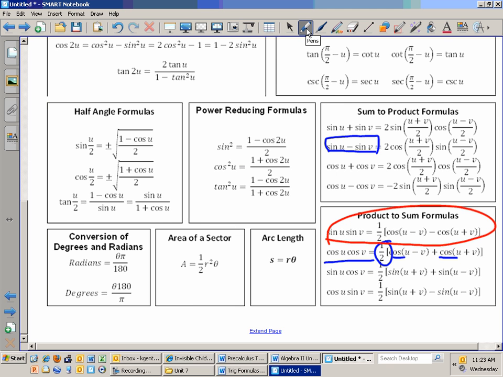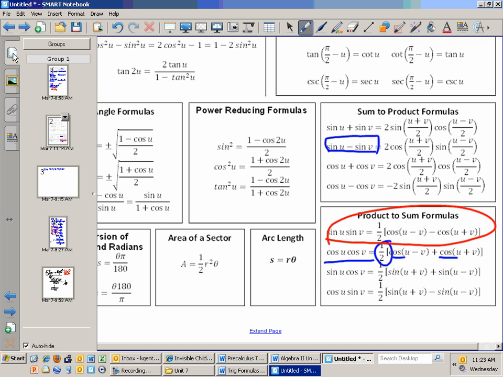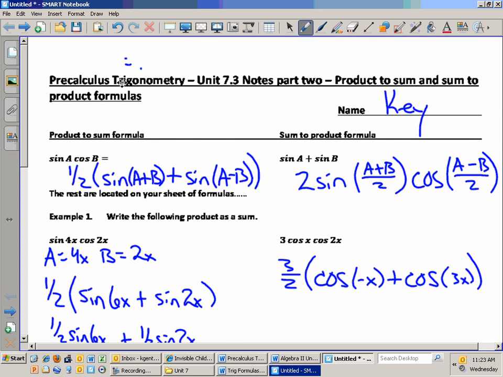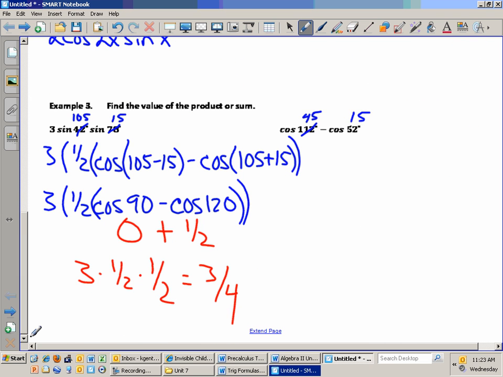Right there. Question. Because the cosine of 120 is negative 1/2, and I'm minus, so it's minus a negative 1/2 or plus 1/2. Yes? Okay. We do the last one then. You guys can get started on your work.